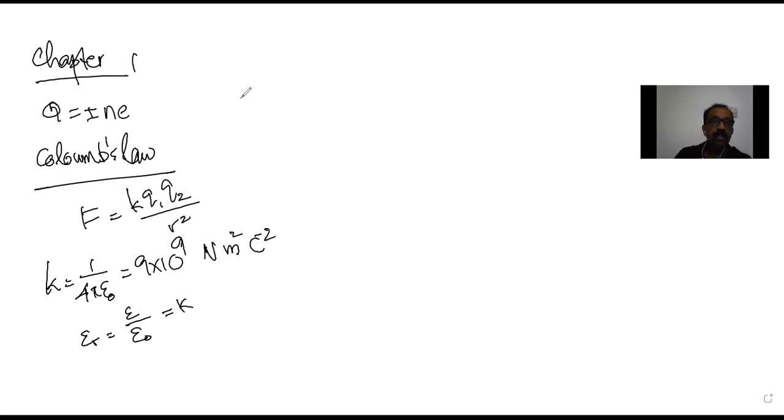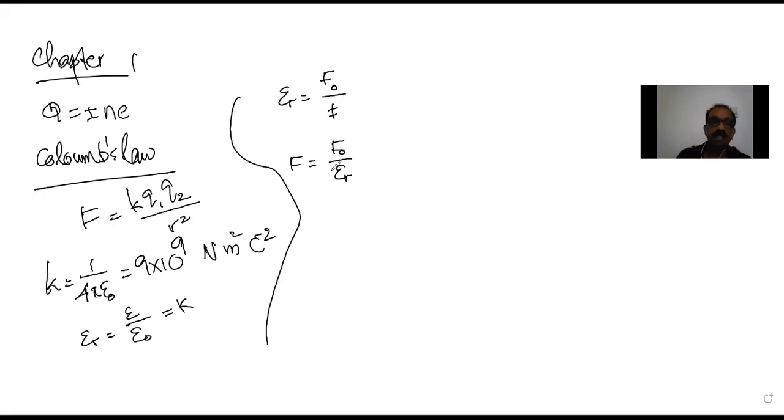Relating the equation for the force when it is in free space or when it is in a medium, we have an equation to remember. Epsilon r, that is relative permittivity, is nothing but F0 by F. That means force in a medium is always less than the force in free space.